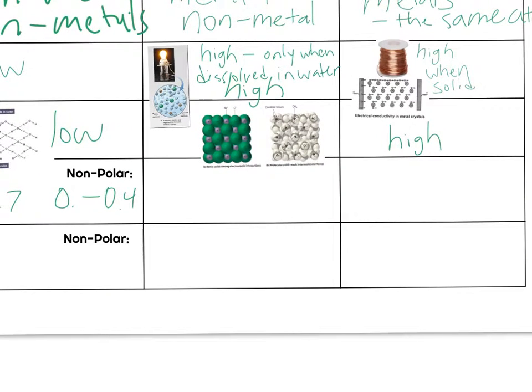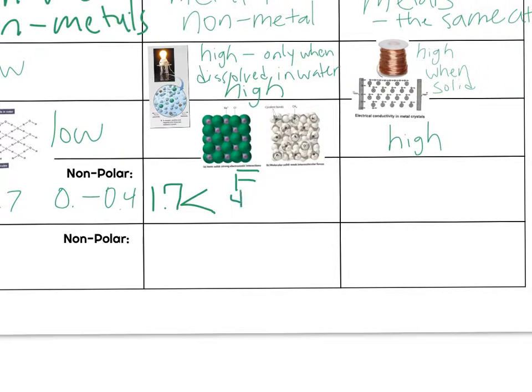So over here, you can write greater than 1.7.